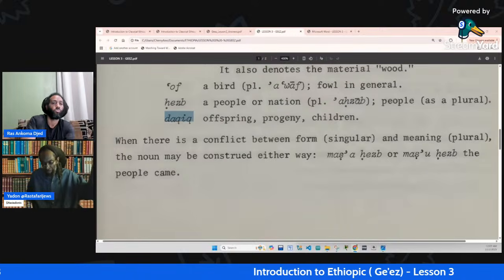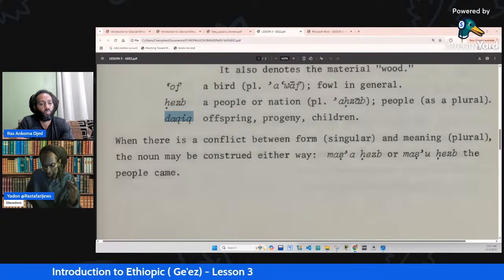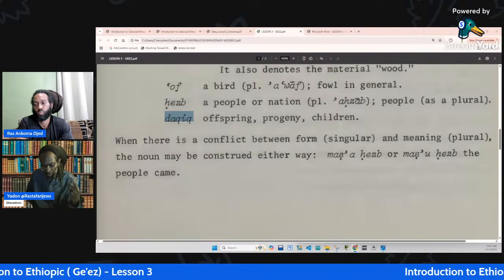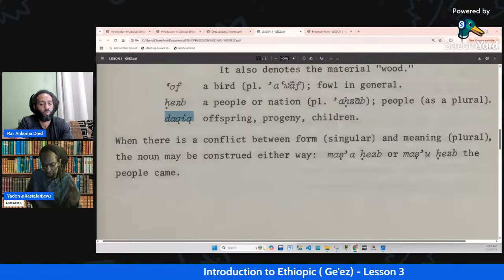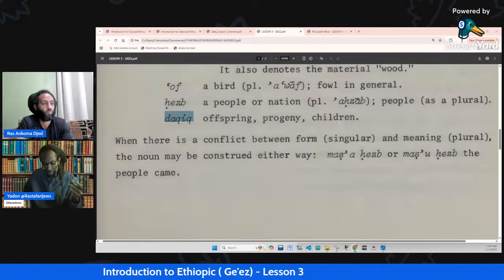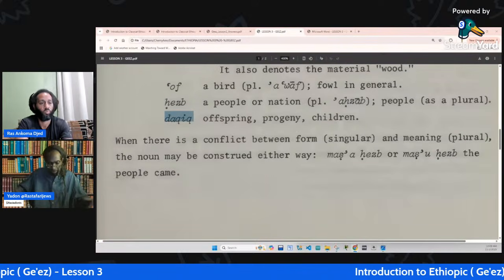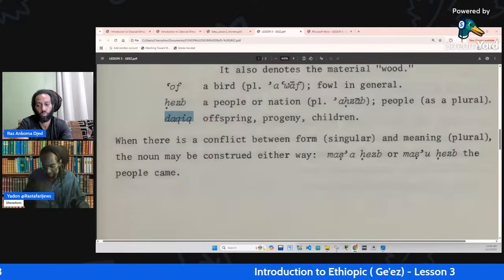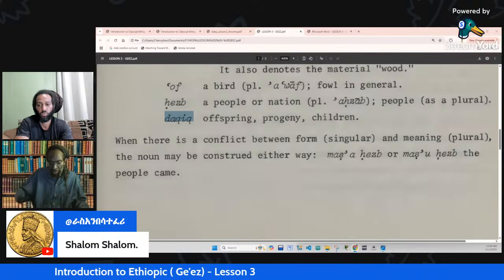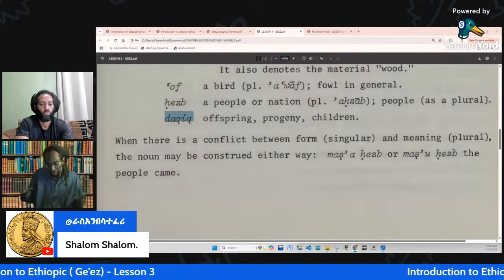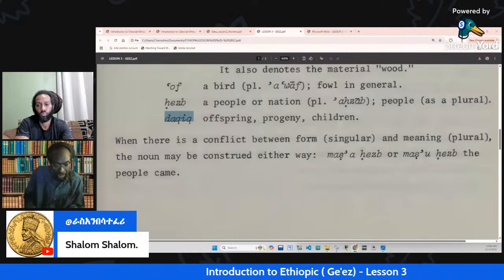Metzu means they, but his just means one, one group of people, one people, or one nation. But the verb metzu is plural, so it can be the people came, or peoples come. It can have the plural sense, especially with metzu. Metzu is like many, and metzah is like one, but it can go either way.